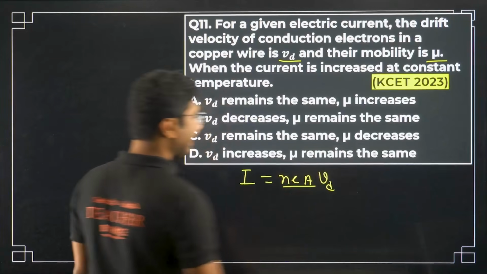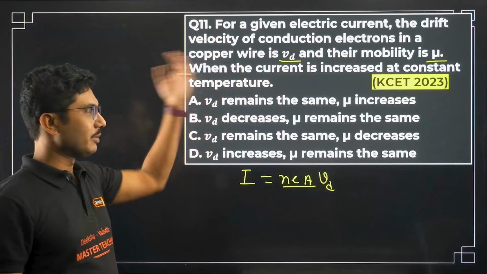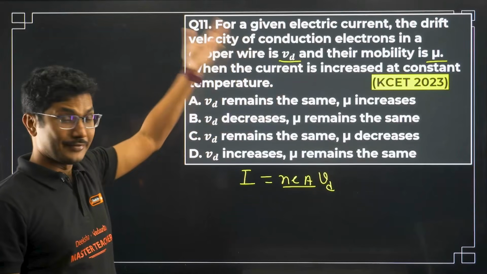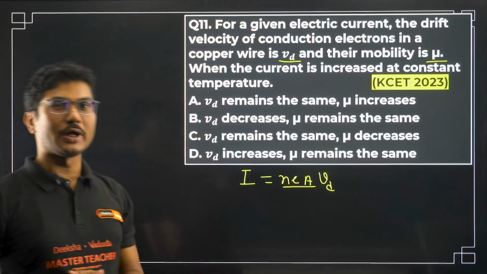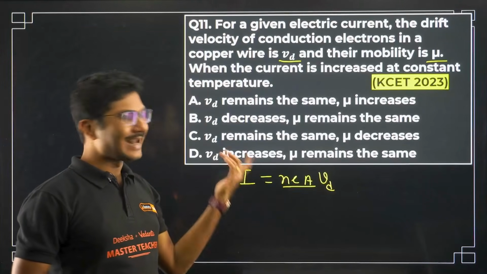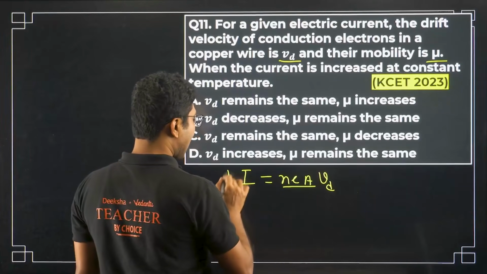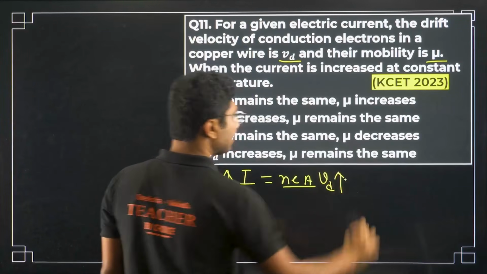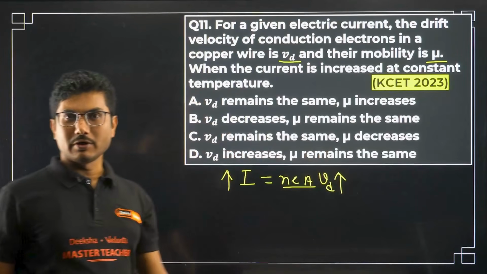Obviously neA is assumed to be constant, because it's a uniform wire. If nothing is provided, you have to assume that this is a uniform wire. So A is constant, n and e are obviously constant. That means if you increase I, the drift velocity will also increase.